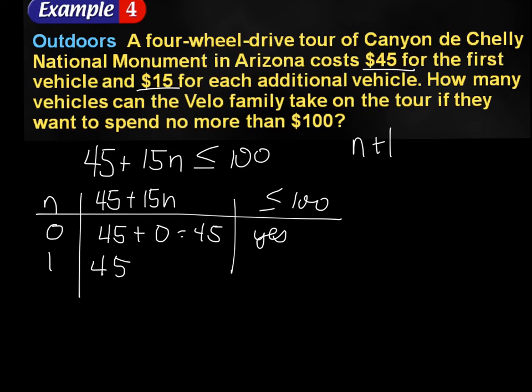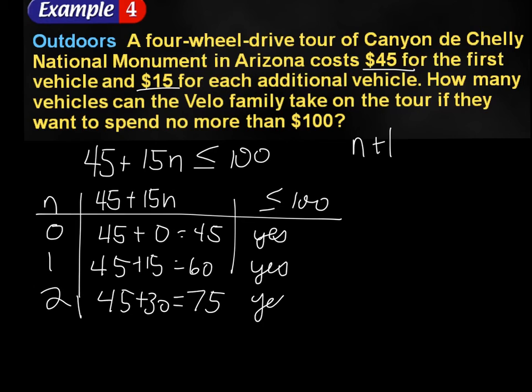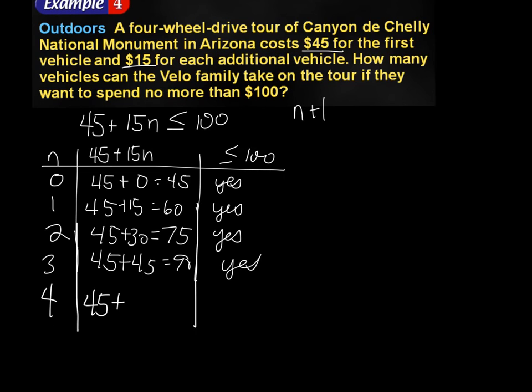So 45 plus 15 is 60, which is less than 100. 45 plus 30 is still okay. 45 plus 45 is still okay. But 45 plus 60 is too much.